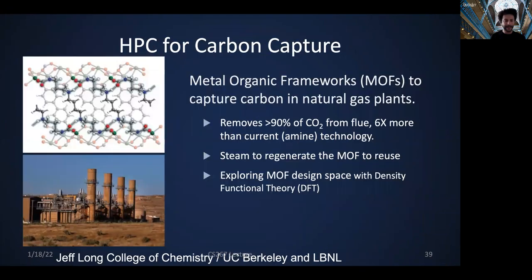And finally, no, not finally, I have a couple more simulation examples. You can use high performance computing and simulations to figure out how to capture carbon instead of releasing it back to the atmosphere, and to avoid warming of the earth or climate change, whatever is the politically correct word to use.